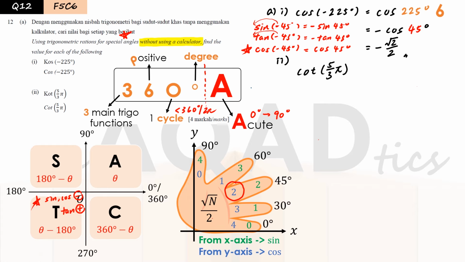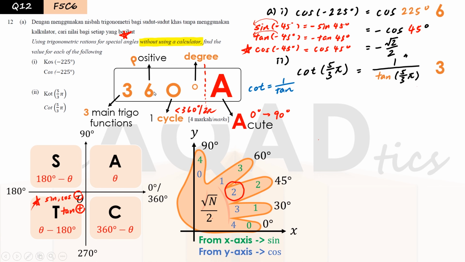We know that cotangent is actually the inverse of tan, right? So we can change this cotangent to the tan function. So here will be 1 over tan 5 over 3 pi. With this, we have satisfied the first criterion.